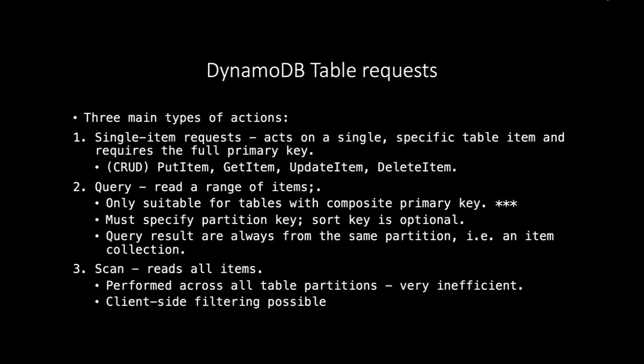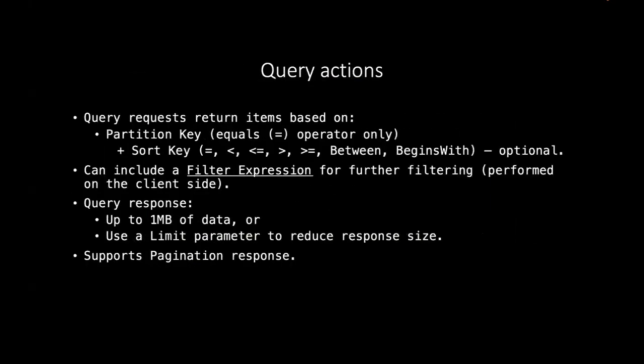And here I'm saying that when you want to query such a table, you must specify the partition key value in your query. So for the partition key, the only thing you're allowed is to say the partition key is equal to a particular value. You can't have something like, I'm only interested in items where the partition key is greater than or less than; those operators aren't available to you. It has to be equals.